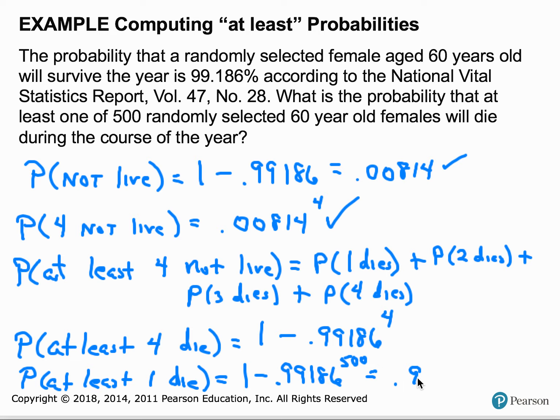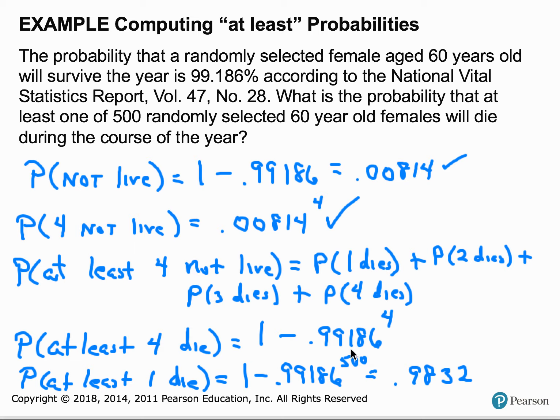So 0.9832. Okay, there's a pretty high chance that at least 1 out of 500 60-year-olds is going to die. Okay. Even though each individual one, there's a really high chance they're not.